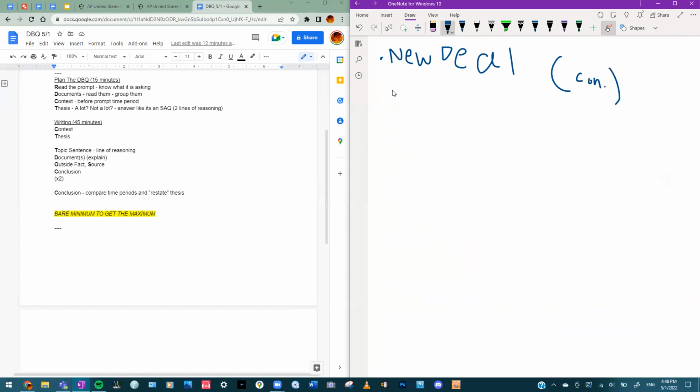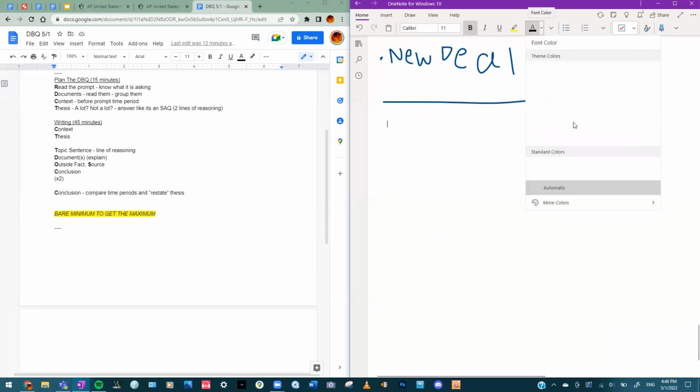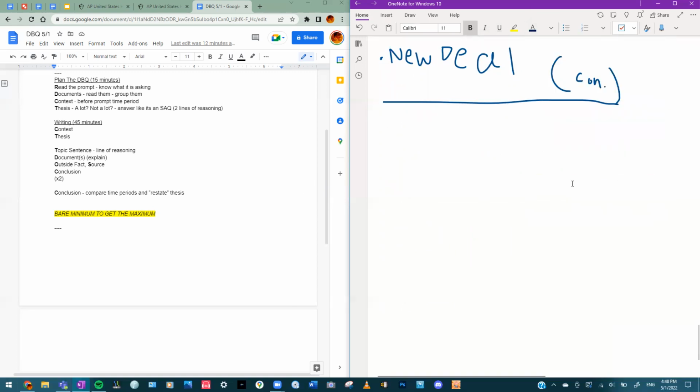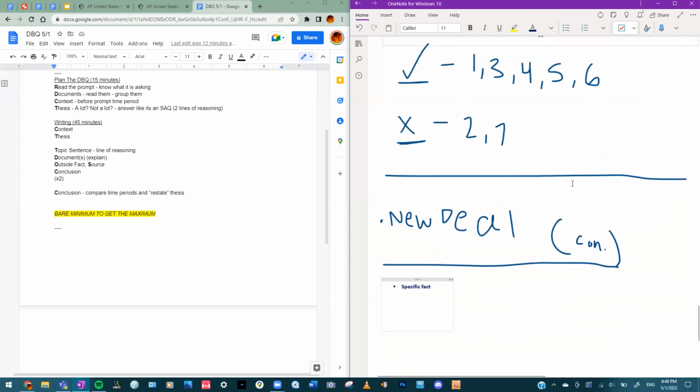All right, now our thesis. Now I'll just type this. All right. Let's see, I'll make blue font. Okay, so remember the thesis needs to be like answering an SAQ. Okay, so SAQs have to have, as we know, a specific fact. And this is almost like a double SAQ. So because we have some documents that contradict, we are going to say it changed a lot because more of the documents show that.